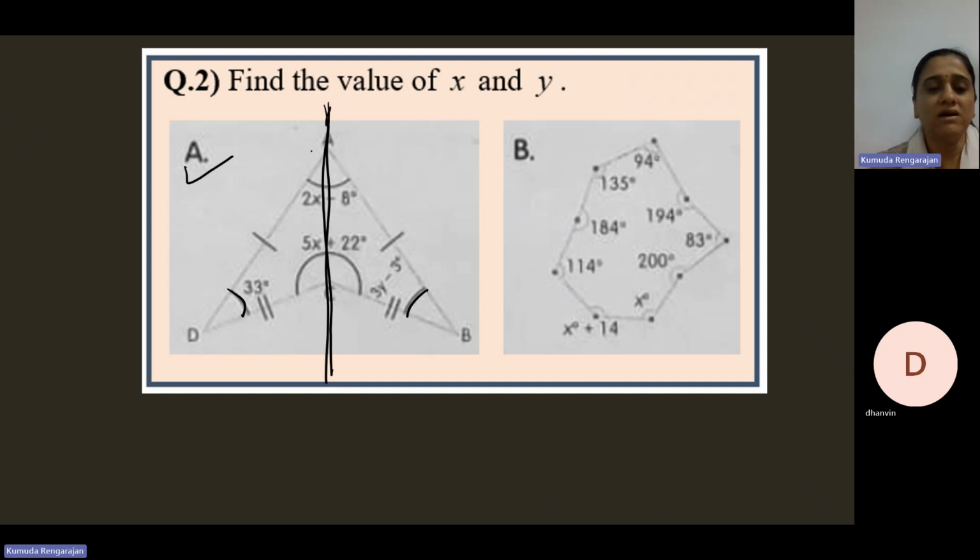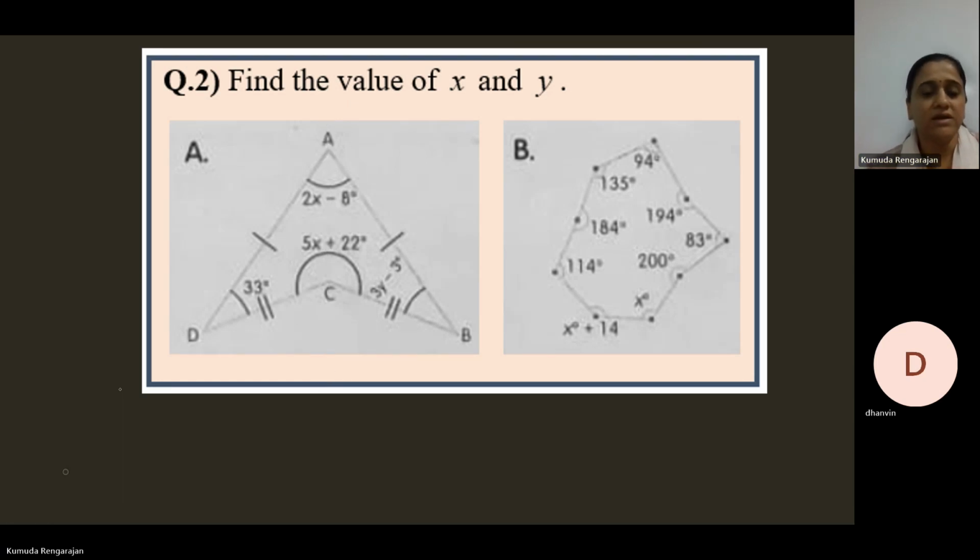Is the figure symmetrical about this line? If you fold the figure along this line, will this angle coincide with this angle?